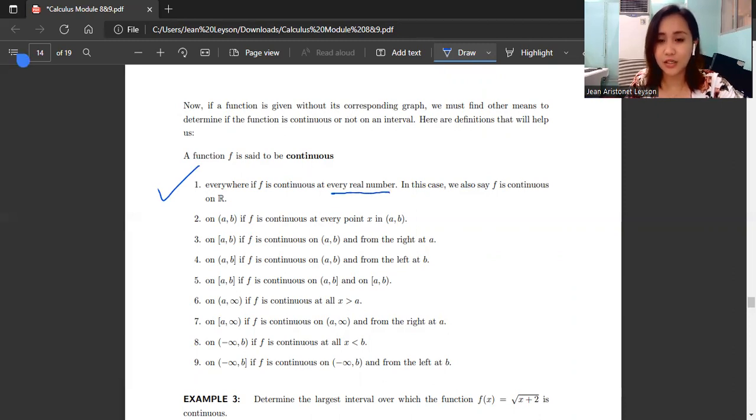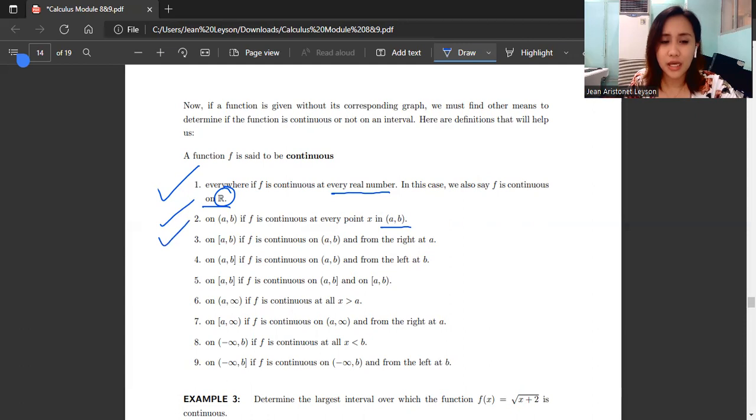In this case, we also say the function is continuous on every element of the set of real numbers. The symbol right here means the set of real numbers. Number 2, on an open interval (a, b), if the function is continuous at every point in that interval. So it's continuous if you need not lift your pen on that interval.